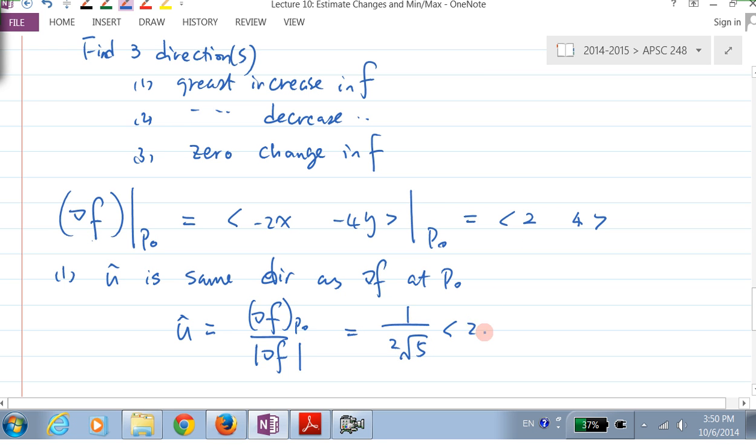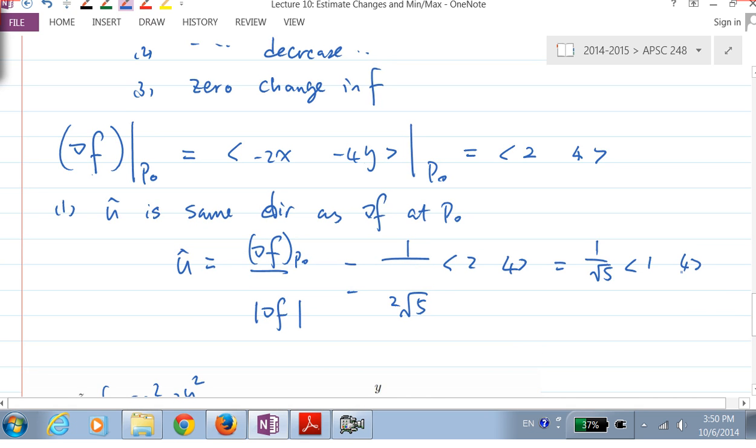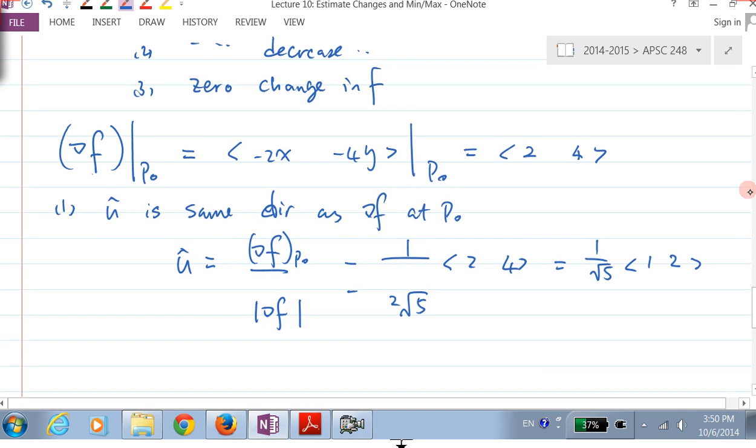Normalize that, and the 2 cancels. So it's 1 over root 5 times (1, 2). That's the direction which will result in the greatest increase in function f.